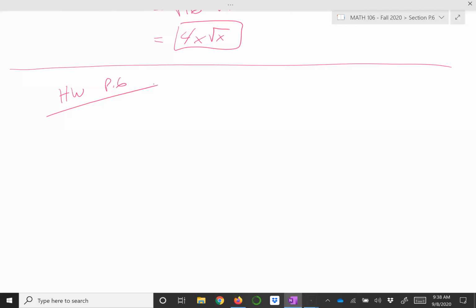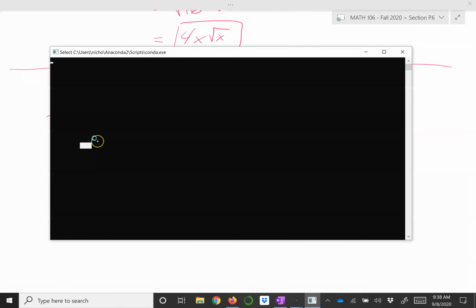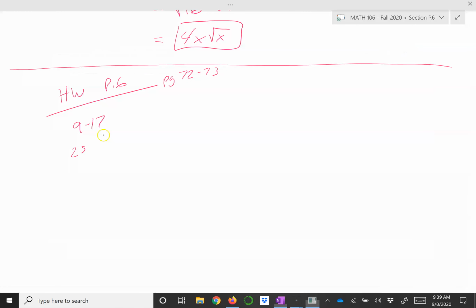So, what am I looking at here? We're going to do pages 72 and 73. So I have 9 through 17, and these will all be odd. 25 through 37. 46.